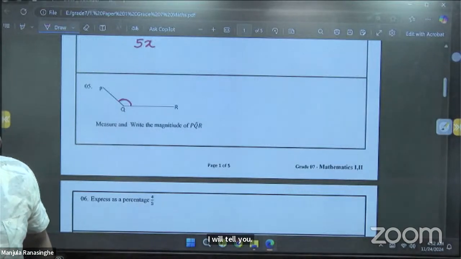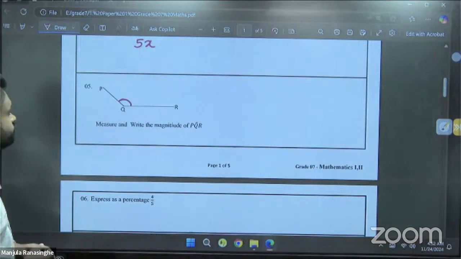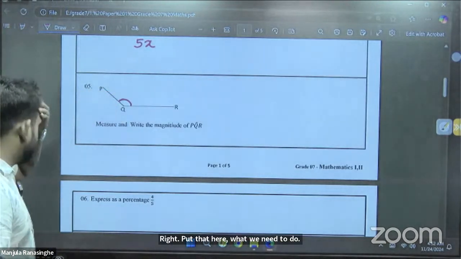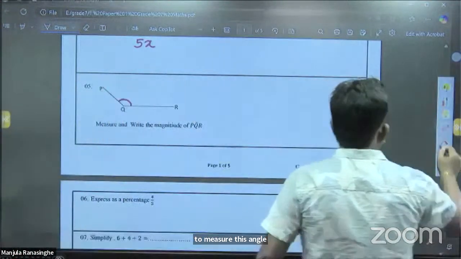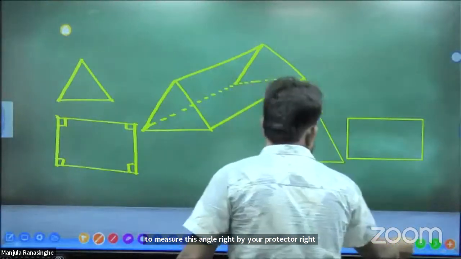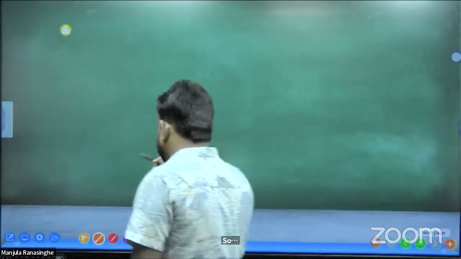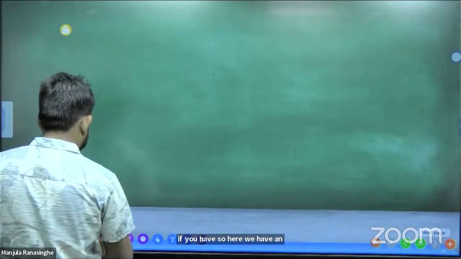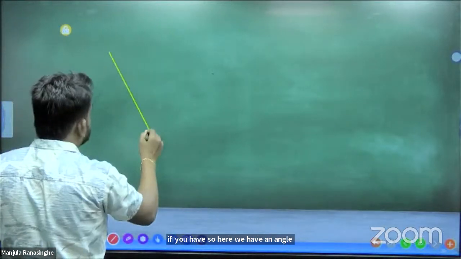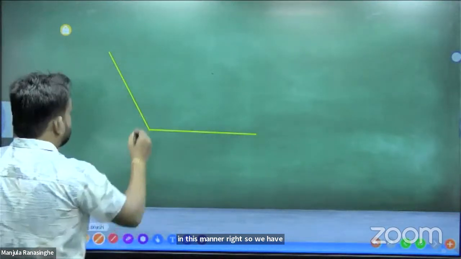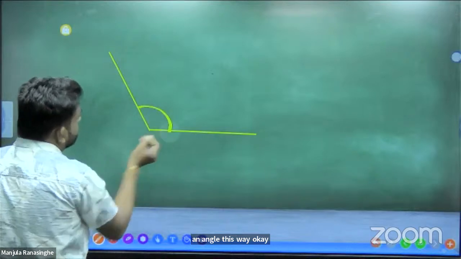Right. But here, what we need to do to measure this angle is use a protractor. Now you can see that we have an angle in this manner. This is to be measured.